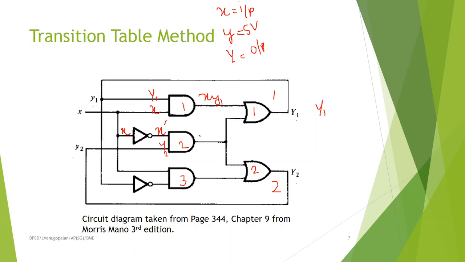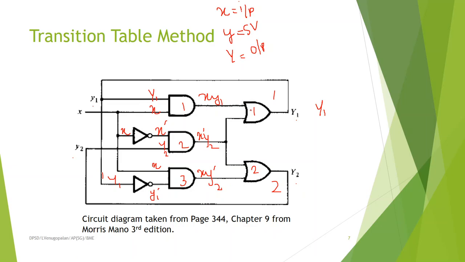So the output of AND gate 2 is x dash y2. And this is y1, so this is y1 dash, right? And this is x, so it's my x. So the output of AND gate 3 is x y2 dash.